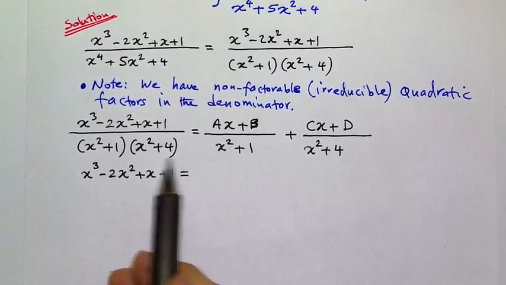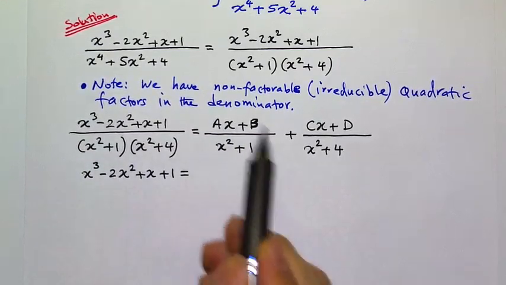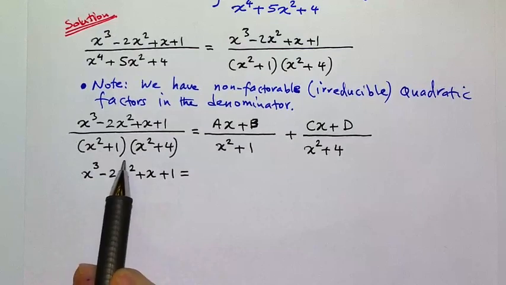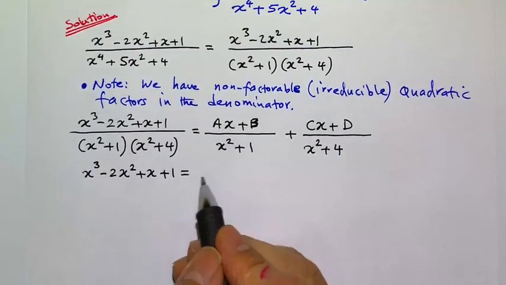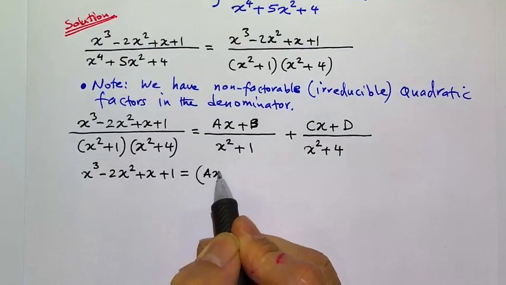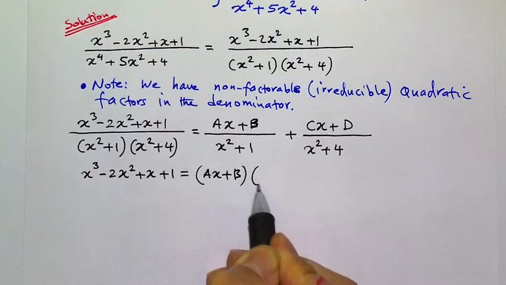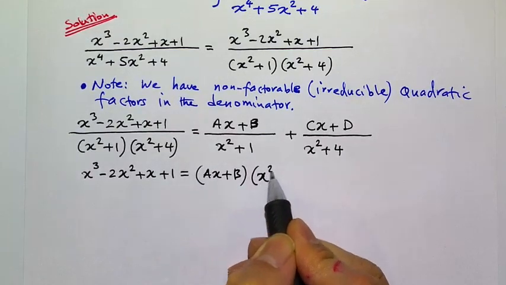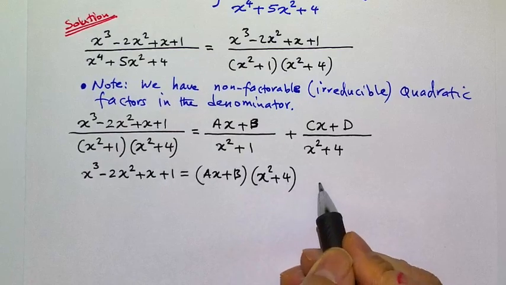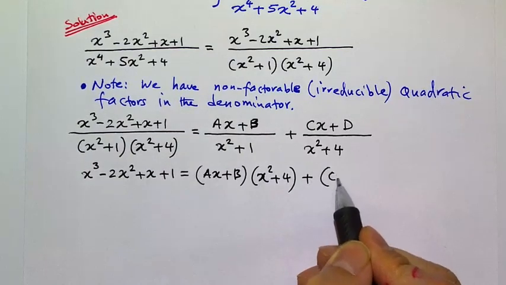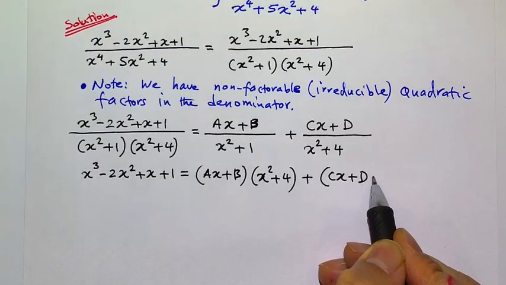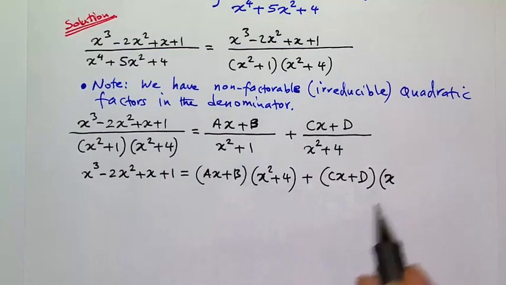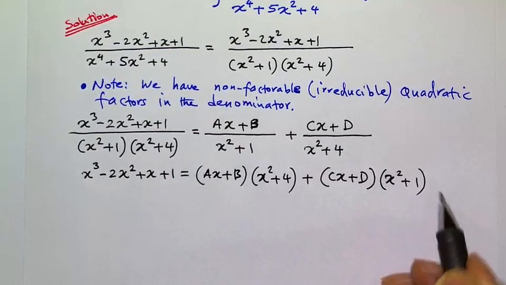On the right, if you multiply this denominator by that, x squared plus 1 and x squared plus 1 cancel out. We get ax plus b times x squared plus 4 plus cx plus d times x squared plus 1.